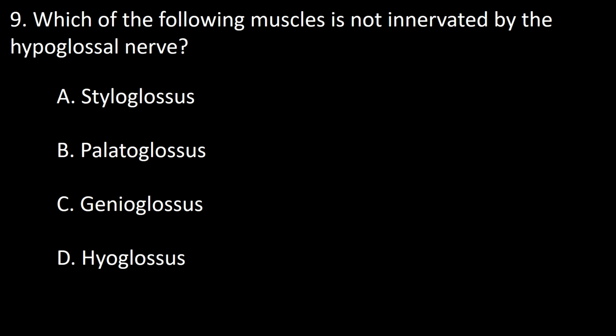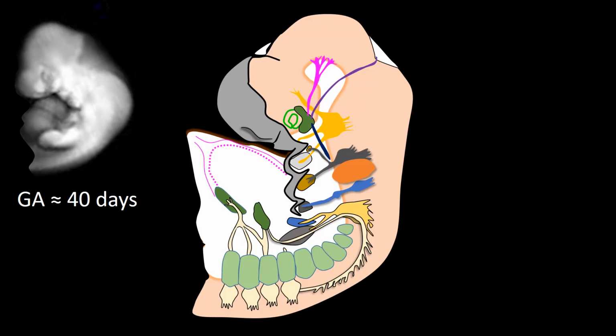Next question. Which of the following muscles is not innervated by the hypoglossal nerve? A. Styloglossus, B. Palatoglossus, C. Genioglossus, D. Hyoglossus. This is the last illustration. Now I have added the occipital myotome and now the hypoglossal nerve.